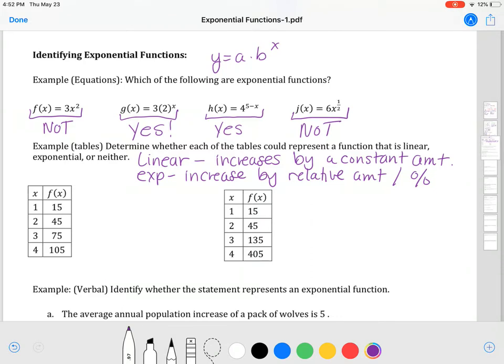If I increase something by, say, half, that means I'm going to take half of it and add it to it. Well, depending on what that number is, it could be a really big number or it could be a really small number. For example, if I take half of 100, that's 50, and if I add it to it, my new value is going to be 150. So I went from 100 to 150, so that's a jump of 50.